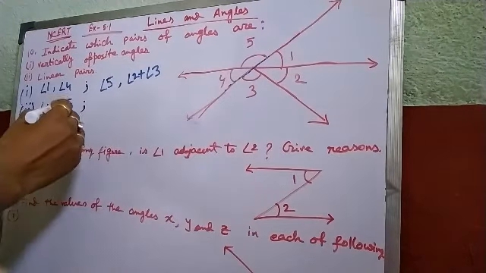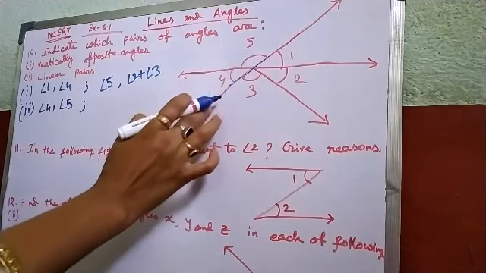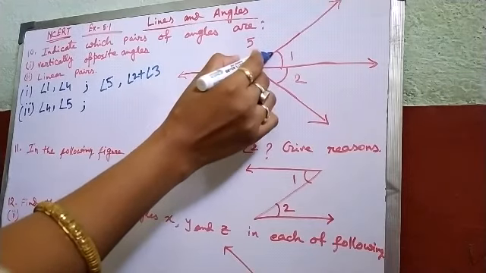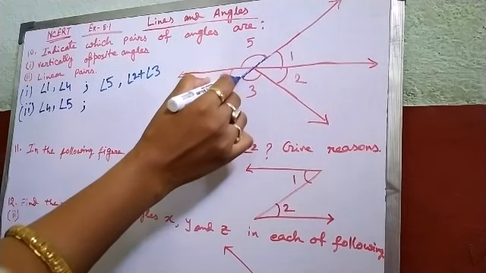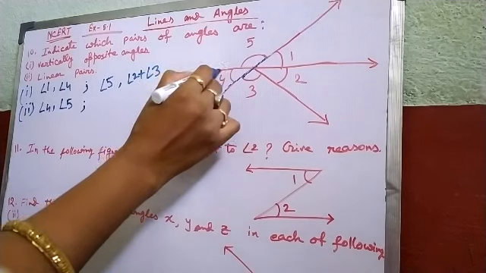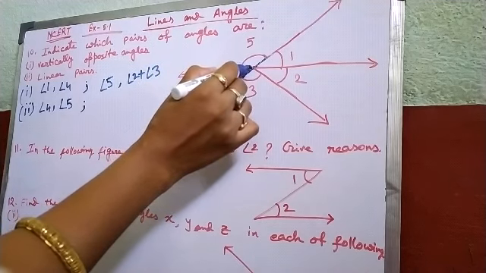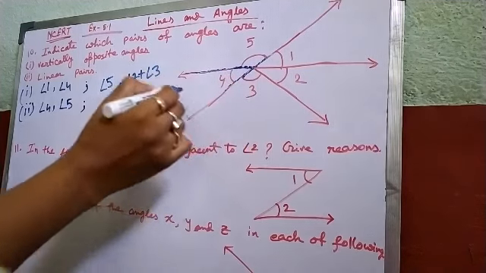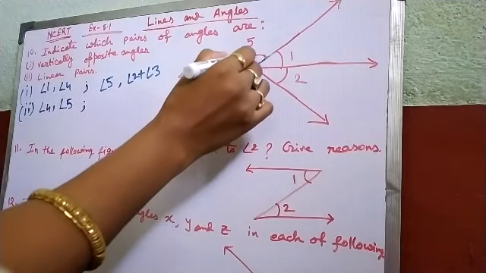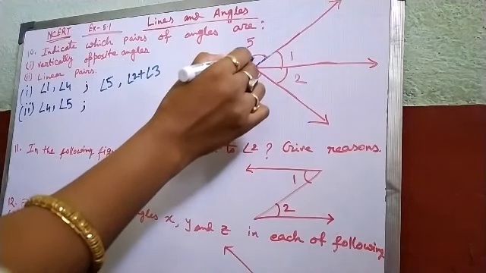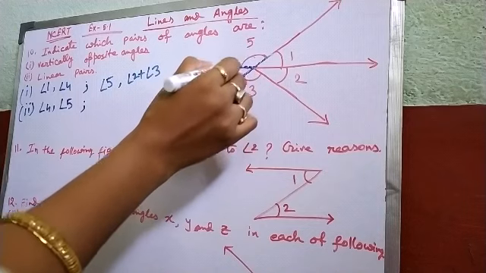First one, angle 4 and angle 5, we get from this line, and this is the common ray. By this ray these two angles are formed.